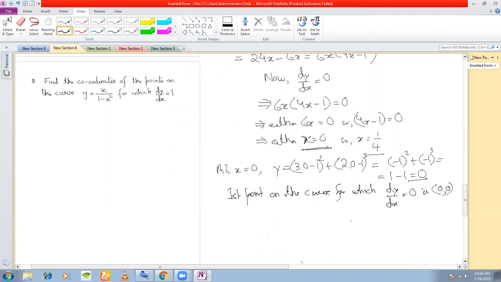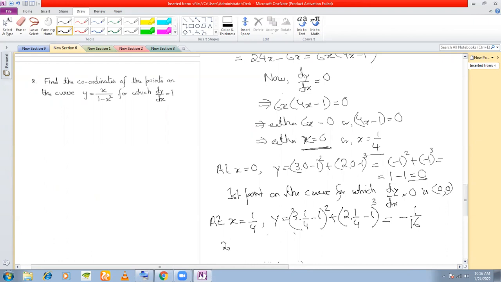This is one point. But what is the other point? Same we do for the other point also. At x is equal to 1/4, you get y is equal to (3 into 1/4 minus 1) square plus (2 into 1/4 minus 1) cube, right? You can simplify this to get minus 1 by 16.